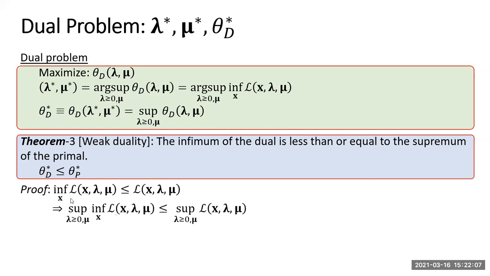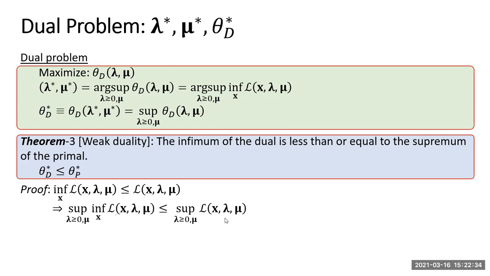Now, what does this statement mean? For every value of x, the right-hand side is always greater than or equal to the left-hand side, correct?